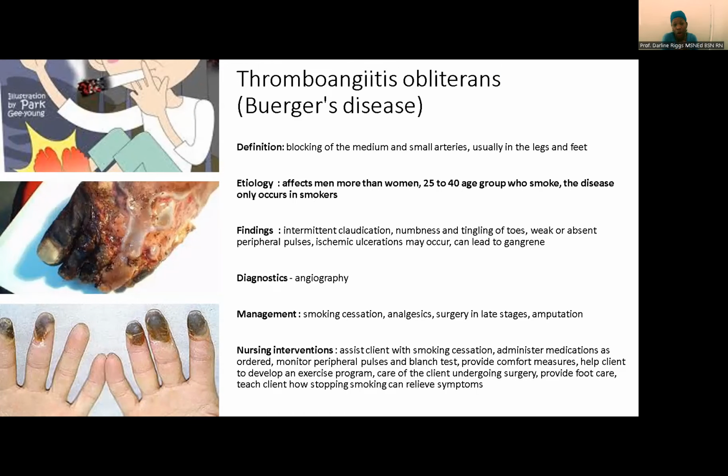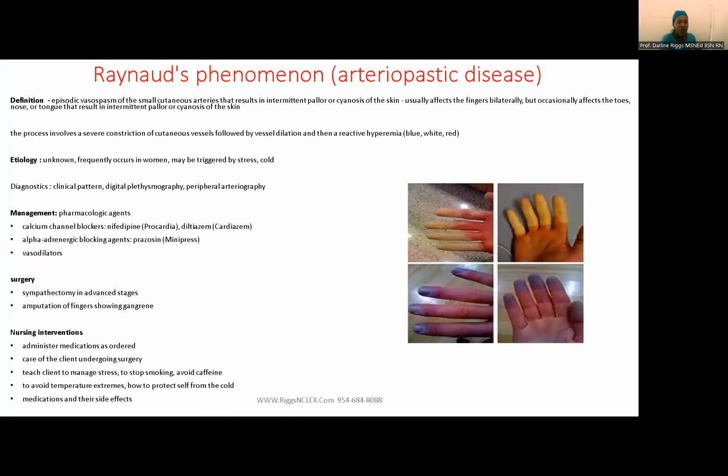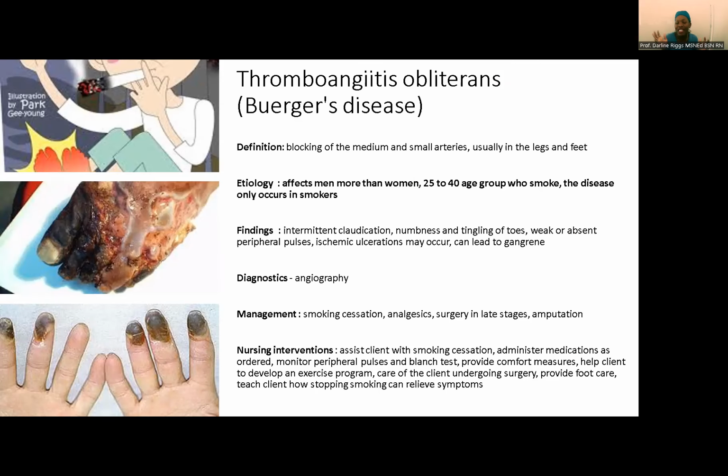Here's an absolute: only occurs in smokers, but same patho as Raynaud's. It's those intermittent claudications. So arterioplastic disease and thromboangiitis are similar in that way, but the causes are different. You're only going to end up with thromboangiitis or Buerger's disease if you're a smoker.